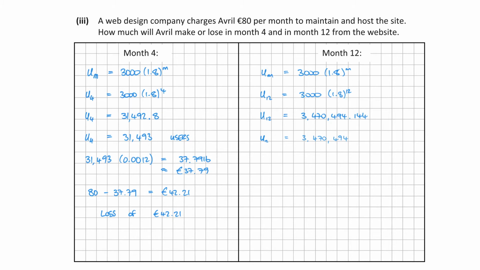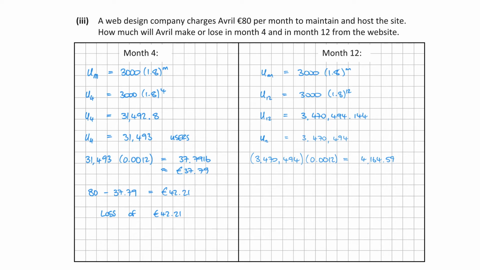So we'll have to multiply that to find out how much she earns. 3,470,494 multiplied by 0.0012 tells us how much she earned, and how much she earned there was 4,164.59.